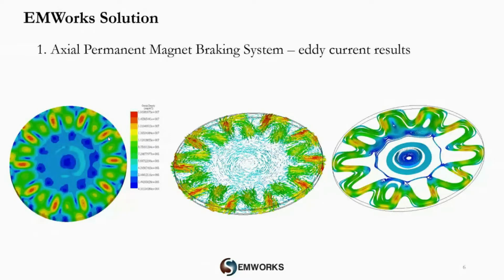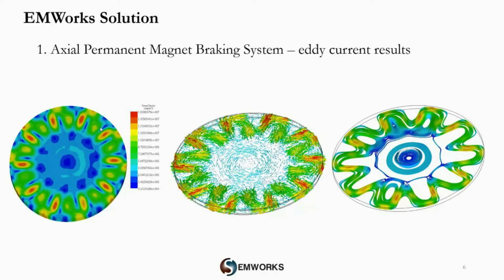But in this case, nothing is varying. Only variation is the motion. So all the eddy current, as you can see here, is significant, and is due to motion. You can look at the fringe plot, and obviously you have hot spots under the permanent magnets.